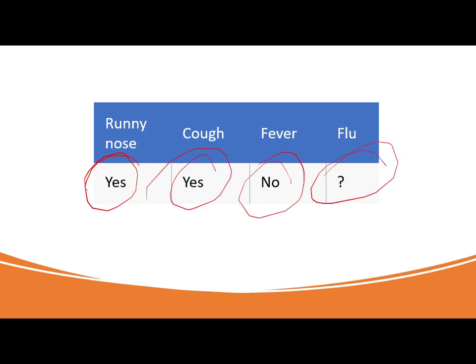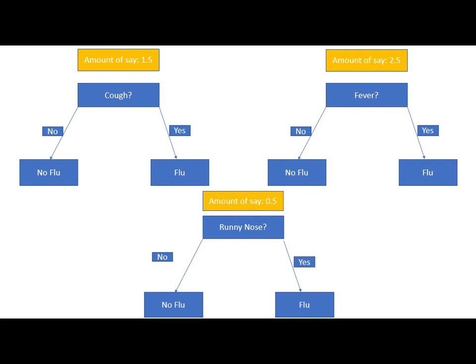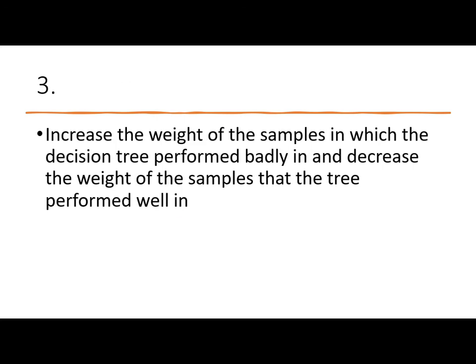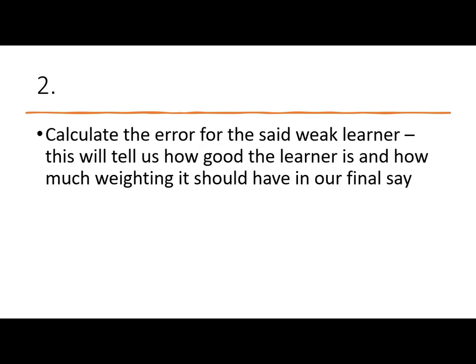So for example, we created our first weak learner, and this is what it looks like. Remember I said in step 2, we calculate the error for that weak learner. This will tell us how good the learner is and how much weighting it should have in our final say. So the fever one had a 2.5. I just picked a high number.